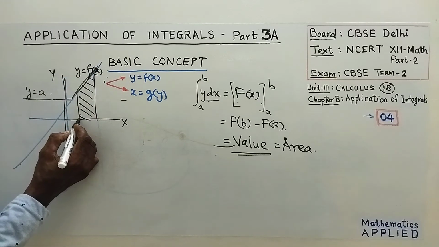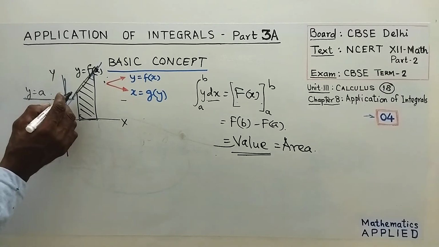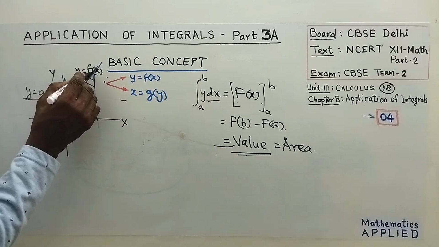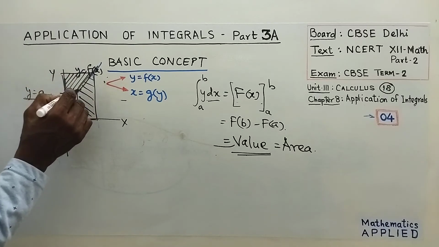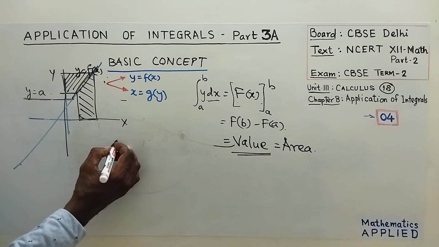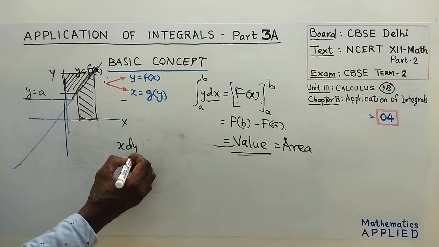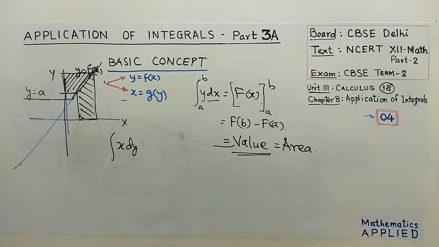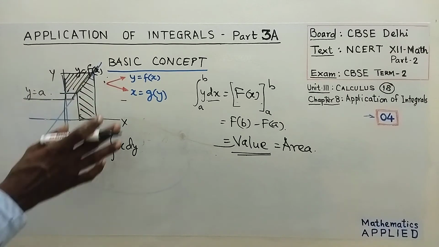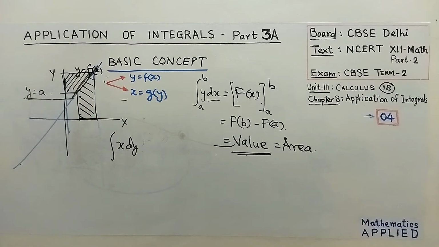Now you have to integrate it with respect to x-axis. You can do that if this is the region that is required. If this is the region that is required, then you have to integrate it with respect to y. x dy is what you have to apply for this line. Okay, so for different curves, I have told you this is the basic concept, right?